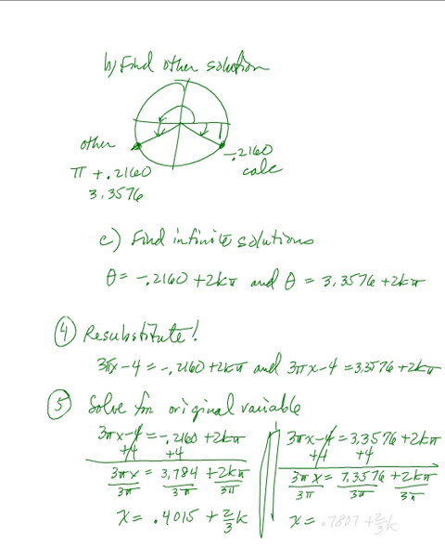And you get x equal to 0.7807 plus 2/3 k. And that's it. So those are our 2 generators. Again, if you want specific solutions, just substitute integer values for k, and you'll have all the solutions you want.